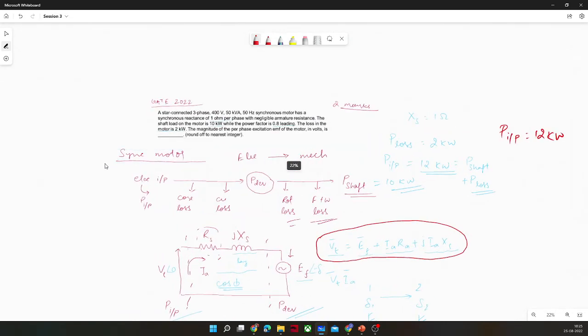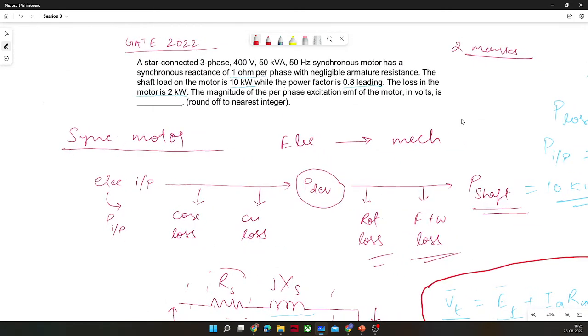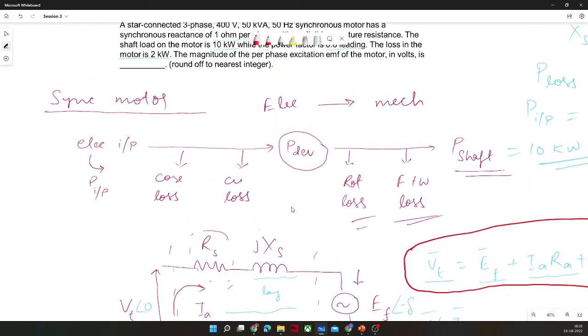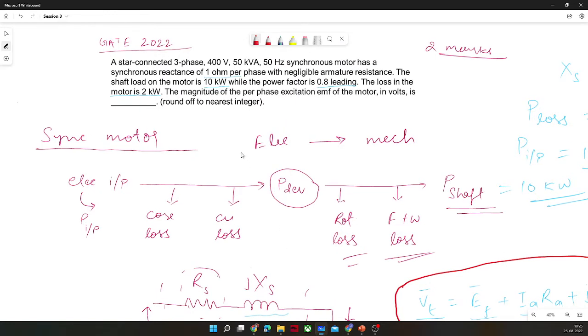So if you can see this problem clearly, we moved ahead with the basics of circuit and power flow equations. And after that, how we can connect all the things is very important. In this problem, the major catch was that where the losses are occurring was not mentioned.